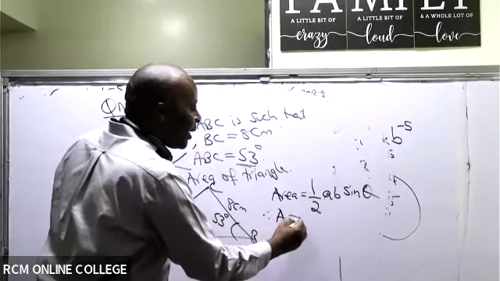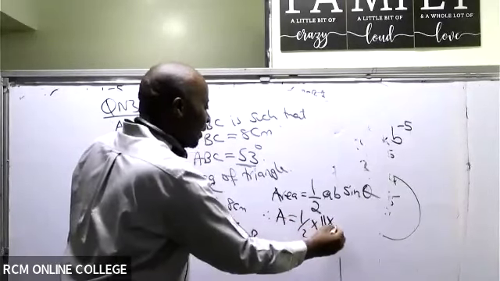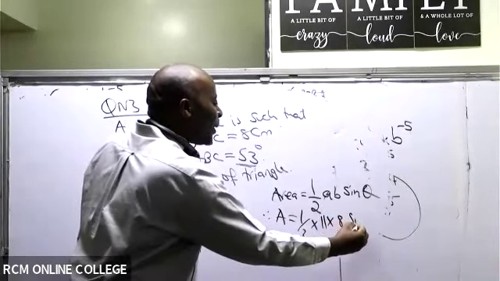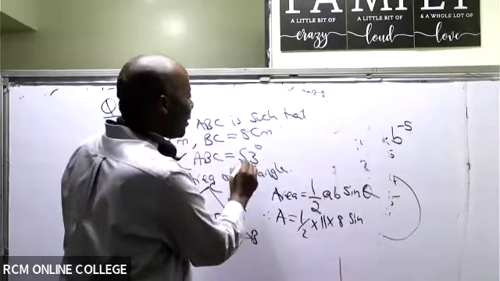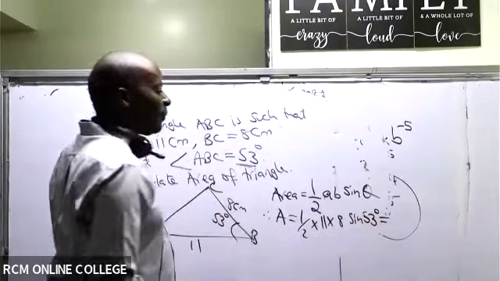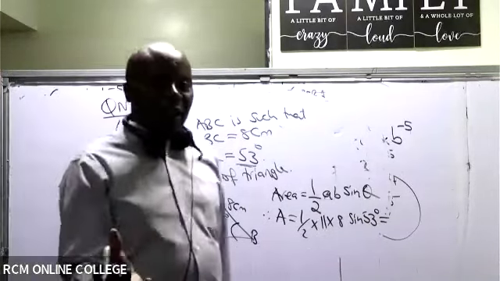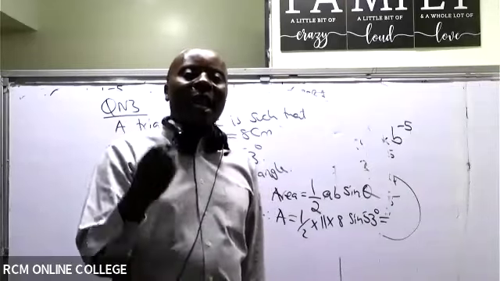Therefore, my area here will be a half times, in this case, 11, times, in this case, 8, multiplied by sin theta. Theta is the angle, which is 53 degrees. So of course, the Form 1s here, you should not worry at all, because every day we are learning new things.